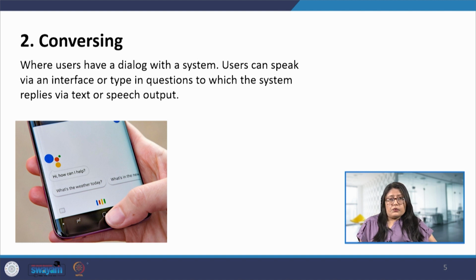Now the systems are getting so smart, especially with the introduction of AI, artificial intelligence, that the system understands the needs and requirements and answers almost like a person who is conversing.